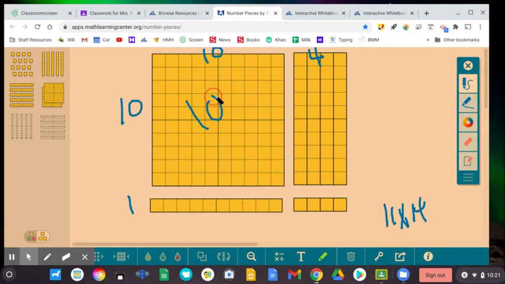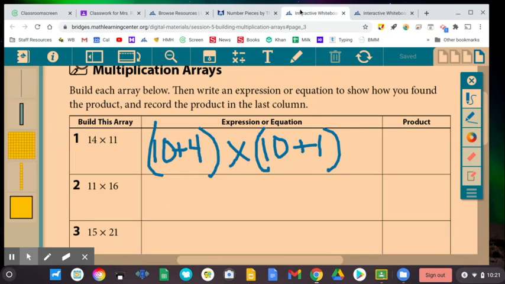We have 100, we have 40, we already figured out, we have 10, and we have 4. So then we need to add this together. 100 plus 40 is 140, plus 10 more is 150, plus 4 more is 154. So you now have the first one finished for you.